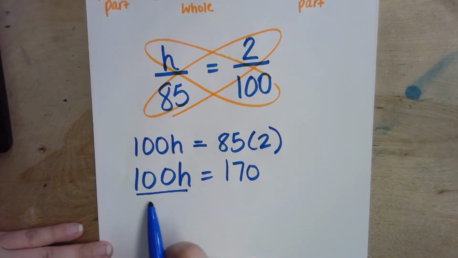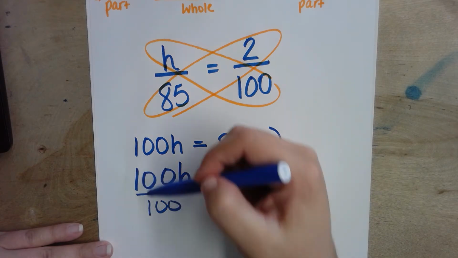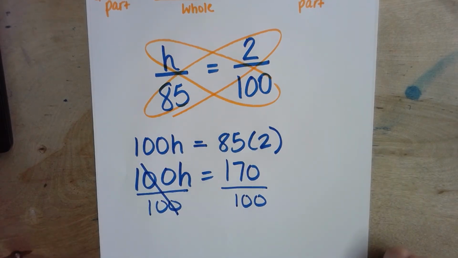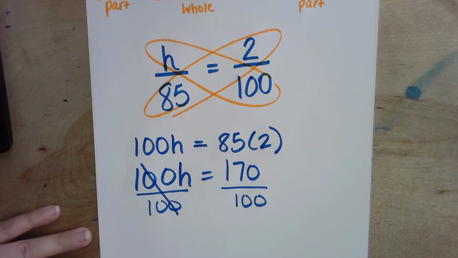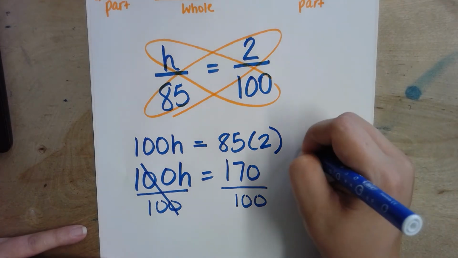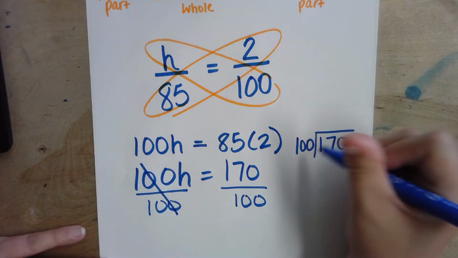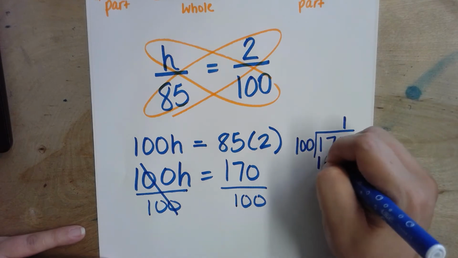And then I'm going to divide by 100. These cancel out. Now when you're dividing, you can either do a place value shift if you're comfortable with that, or we can jump over here and do it on the side. 100 goes into 170 one time.